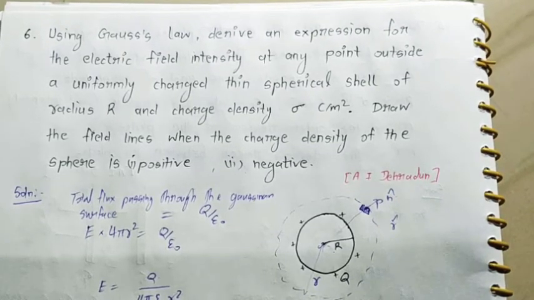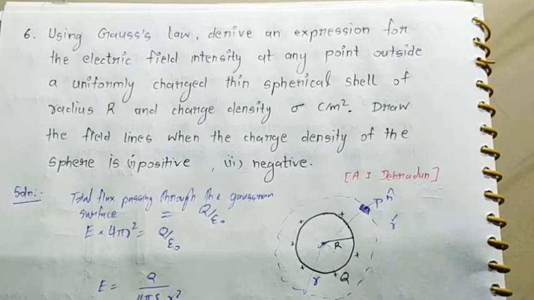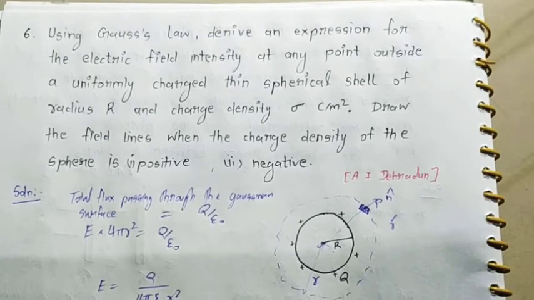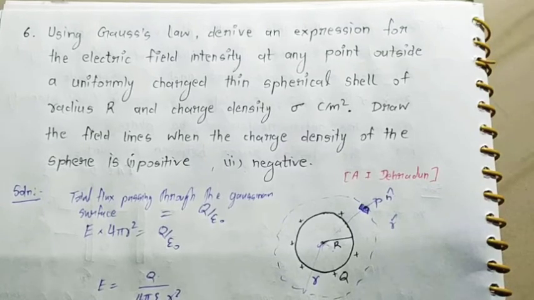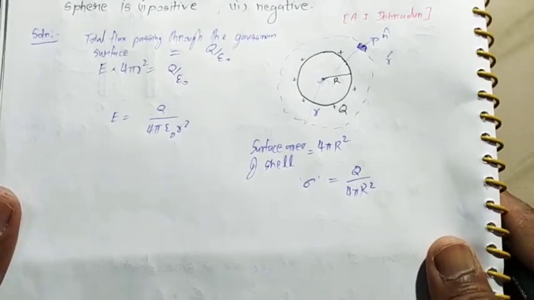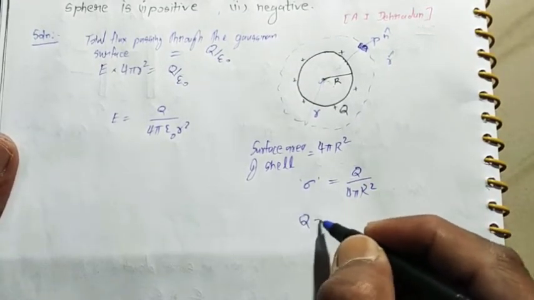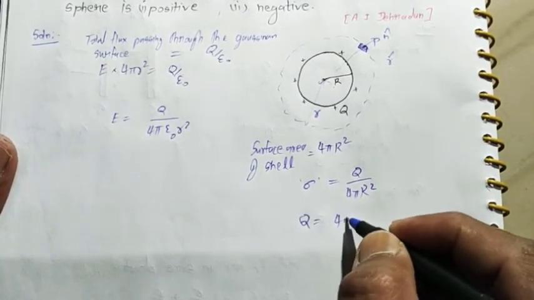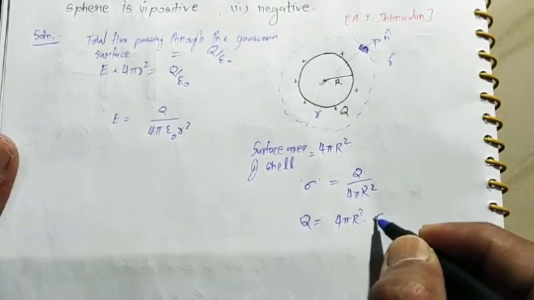So sigma, the surface charge density, is equal to total charge upon total area, 4 pi R square. All right, total charge upon total area. So this capital Q, the total charge, will be equal to 4 pi R square multiplied by sigma.